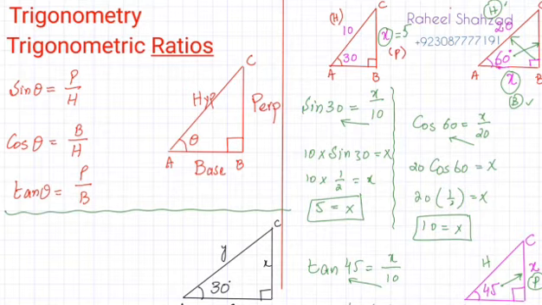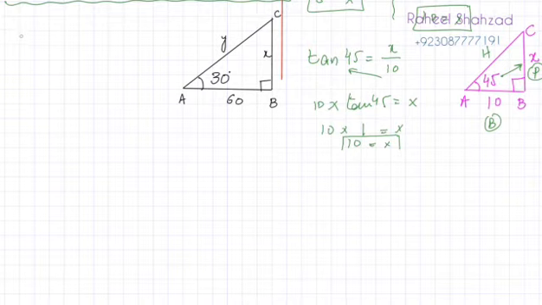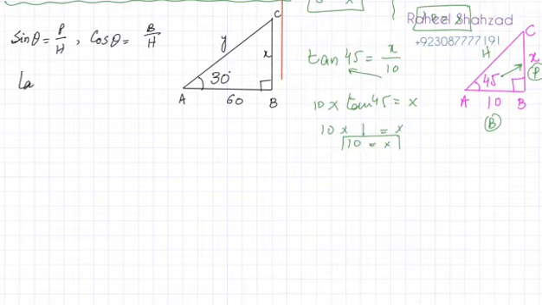Sine theta is perpendicular over hypotenuse, cos theta is equal to base over hypotenuse, and tan theta is equal to perpendicular over base.